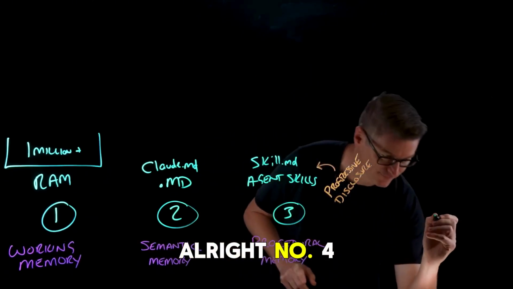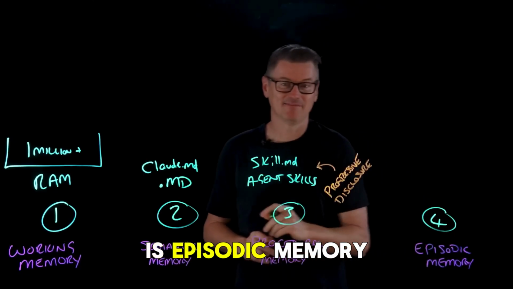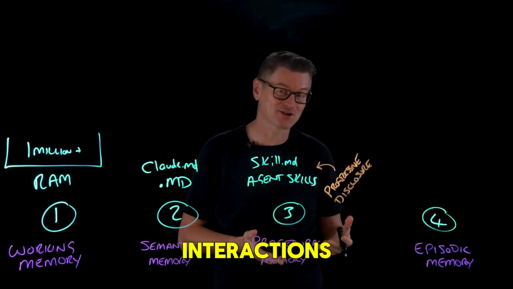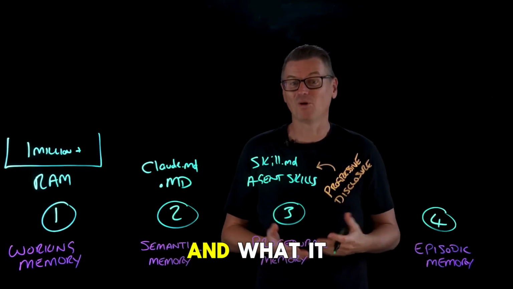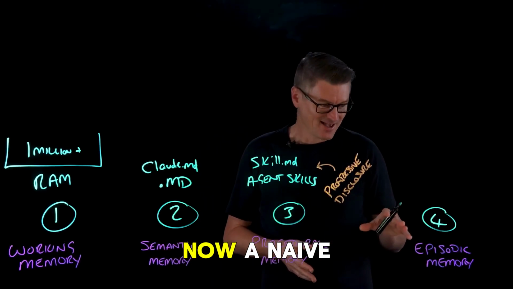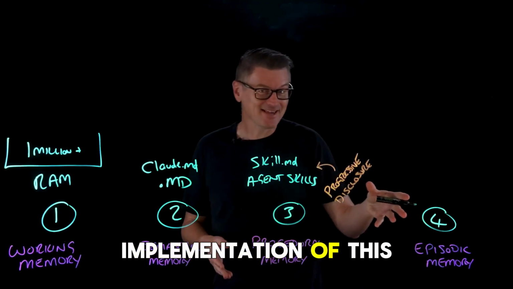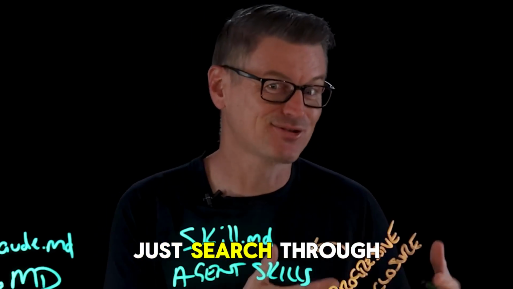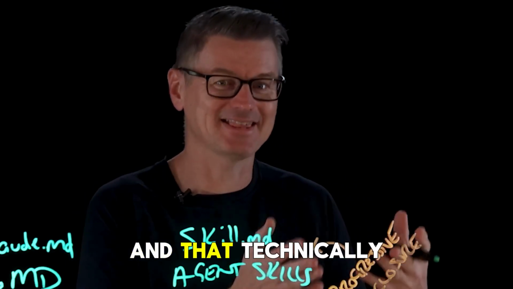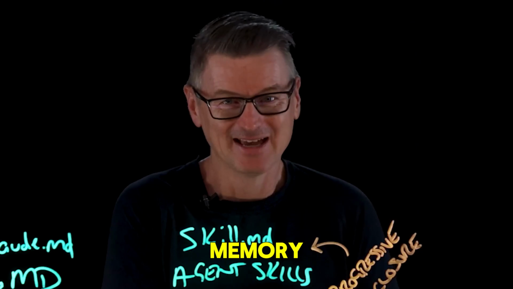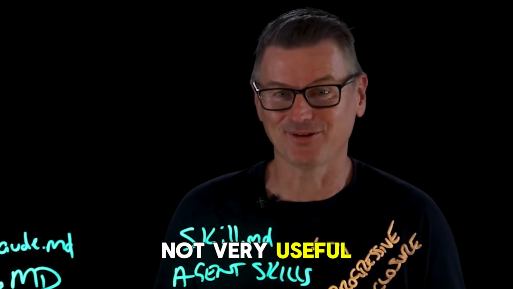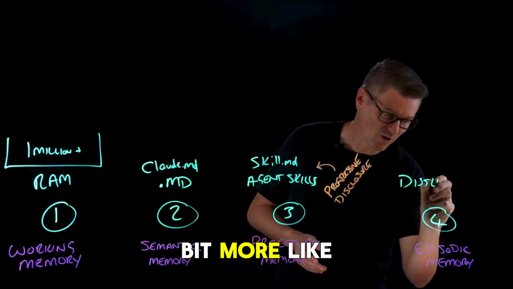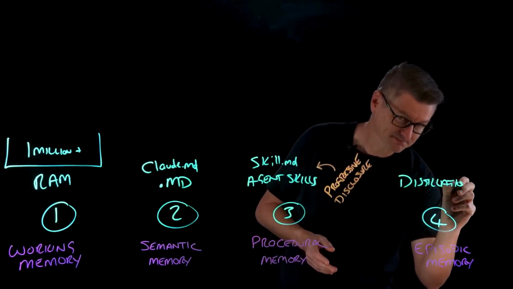All right, number 4 is episodic memory. And episodic memory is the agent's record of what happened in past interactions and past decisions and what it learned from them. Now, a naive implementation of this is just to save every conversation transcript and then just search through them as you need to. And that technically counts as episodic memory, but often that's not very useful. So what production systems actually do is a bit more like distillation.